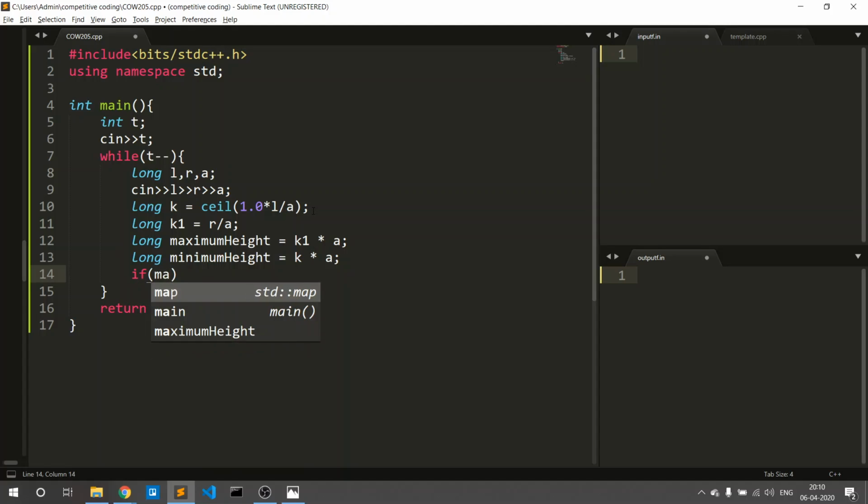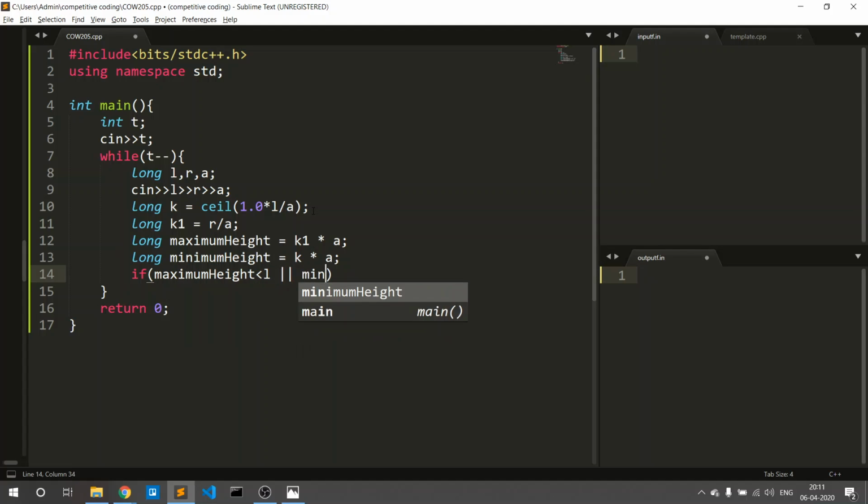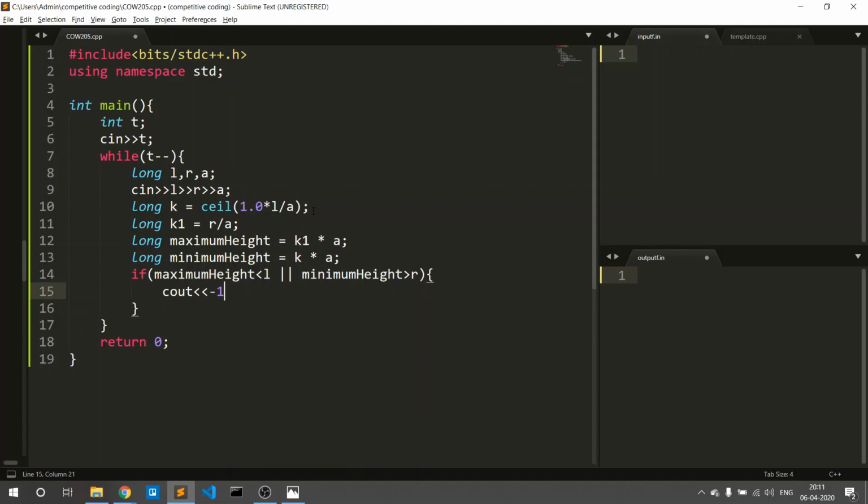If maximum height is less than L or minimum height is greater than R, then the answer will be -1 and -1. Okay. If this condition is not true, then we will simply output the number of scoops.